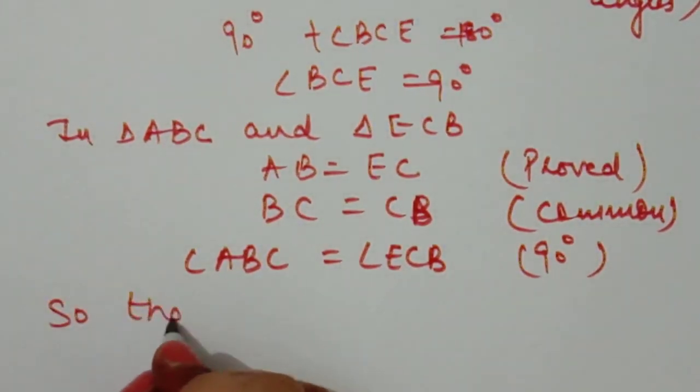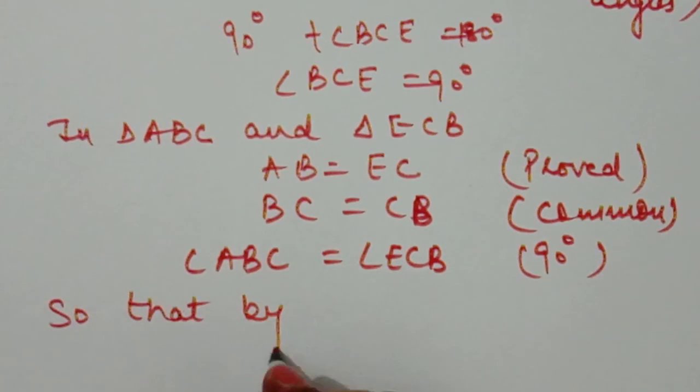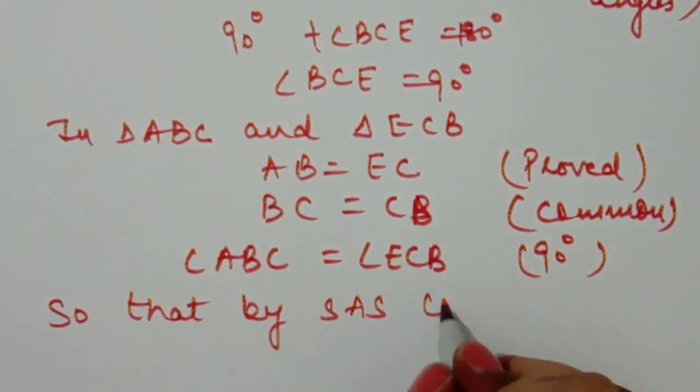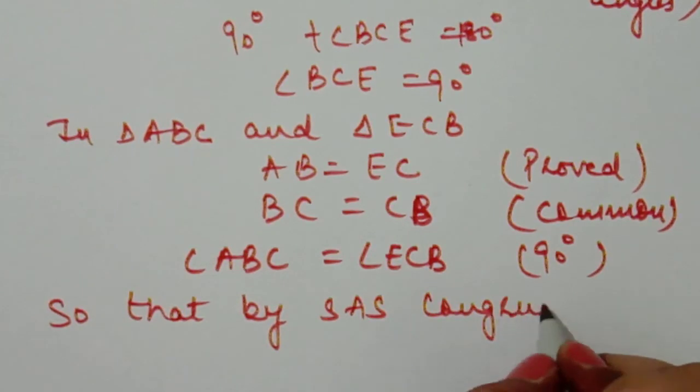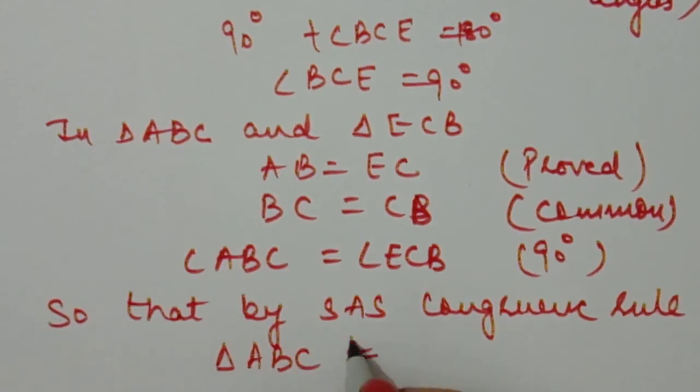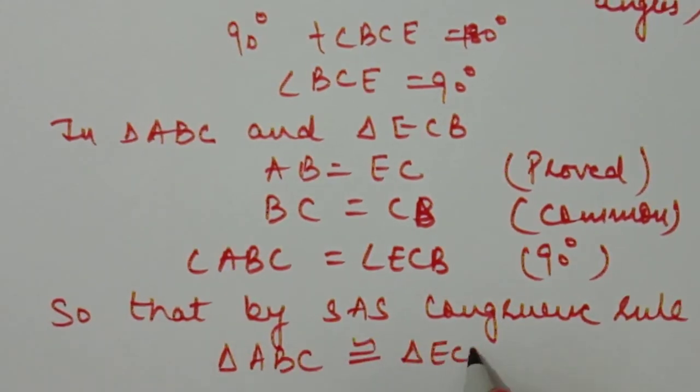So that by SAS congruence rule, we have triangle ABC congruent to triangle ECB. These two triangles are congruent, so definitely we will use some relations as CPCT.